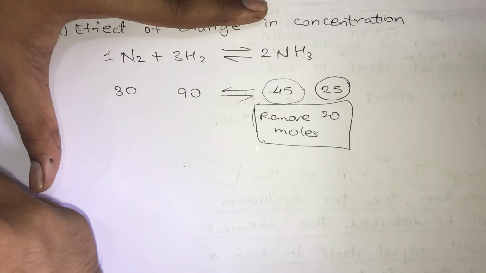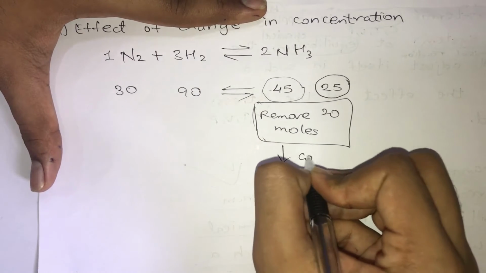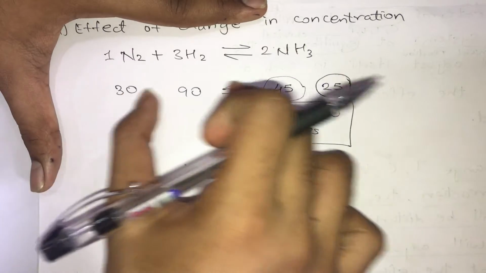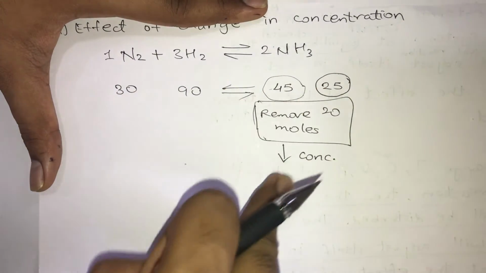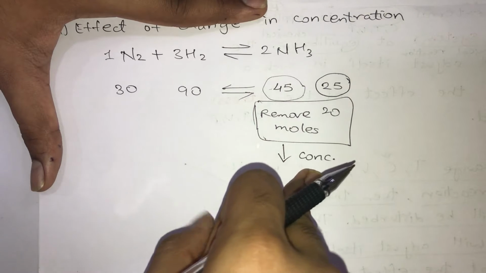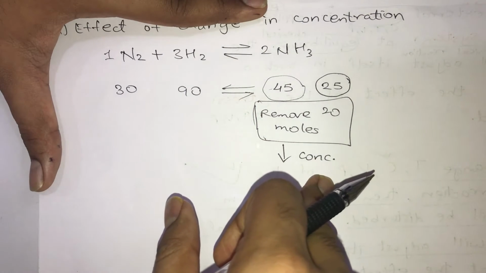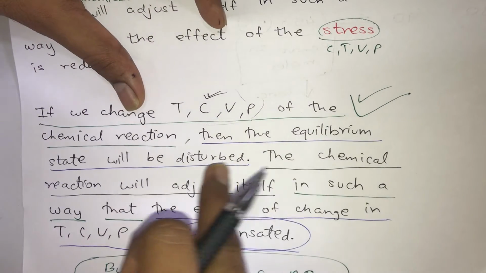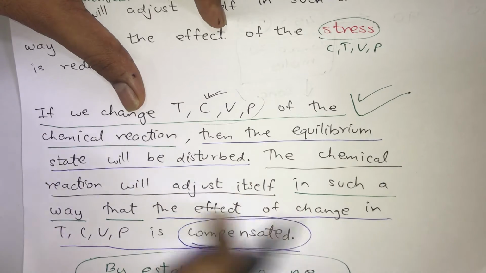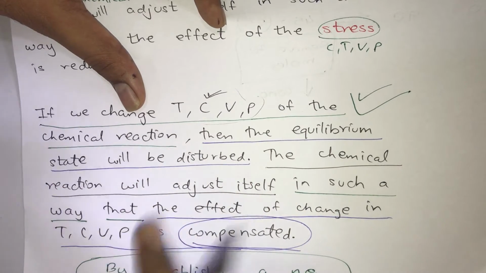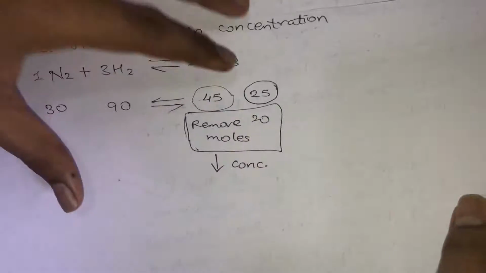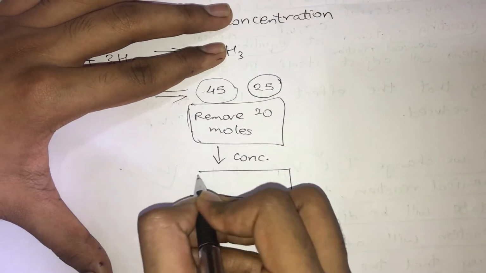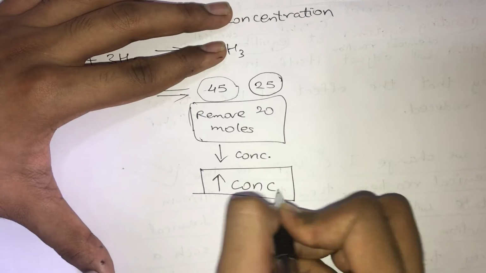Now can you see over here guys that the concentration has been decreased from 45 to 25. So in a chemical reaction, you have decreased the concentration, and as we all know, the chemical reaction is going to adjust itself in such a way that it compensates the effect, which means that if you are decreasing the concentration, the chemical reaction will try to increase the concentration.